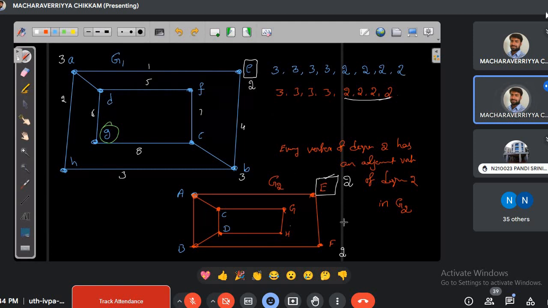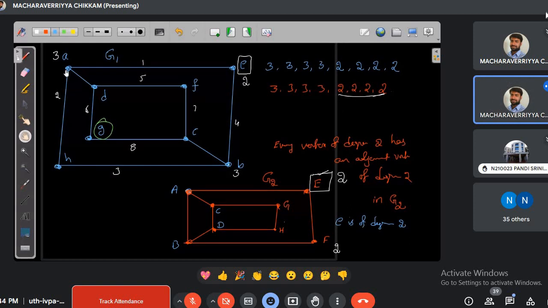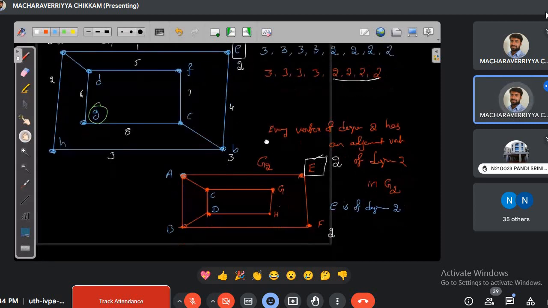Example, we can say that E is of degree 2, but you see the neighbors of E. A is of degree 3 and B is also degree 3.